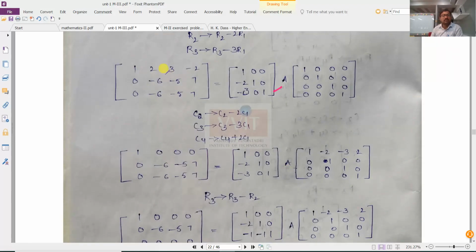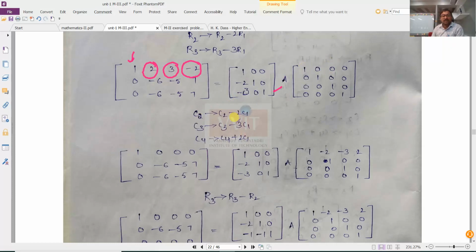Then I come to the column operations. I make 2, 3, minus 2 into 0 with the help of the first element. So C2' is C2 minus 2C1, C3' is C3 minus 3C1, C4' is C4 plus 2C1, with respect to 1 only.